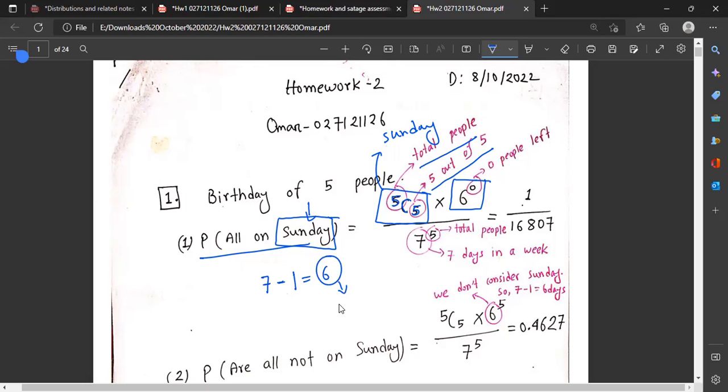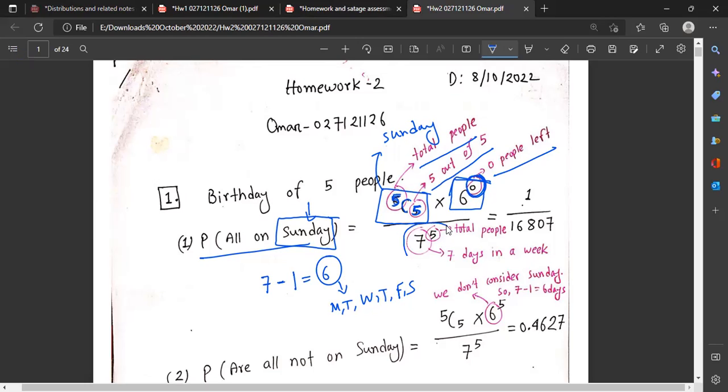So these 6 days can be Monday, Tuesday, Wednesday, Thursday, Friday, and Saturday, right? Because we have already taken Sunday. So times 6 to the power 0, because we have 0 people left. We have taken 5 out of 5 on Sunday, so that's why it is 6 to the power 0.